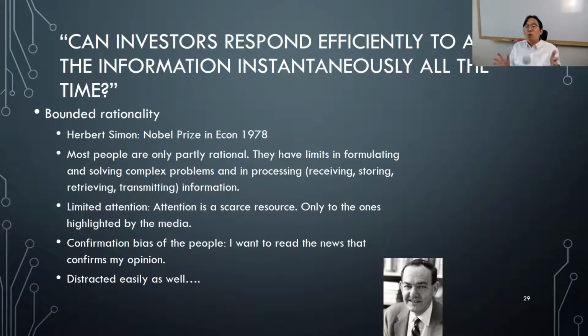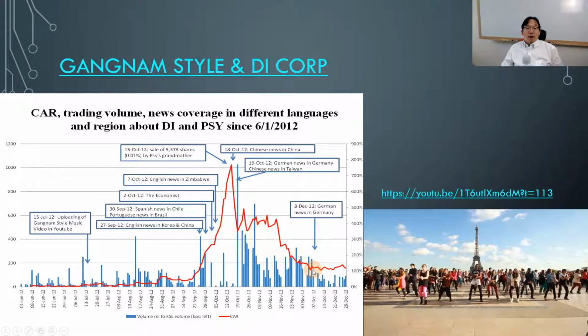So we see overreaction for a small group of companies that receive media attention, and then delayed response for the companies in the dark, right? That's what we can infer from the bounded rationality theory by Nobel Prize laureate Herbert Simon, right? Now, what's the typical case study about this media-driven attention? Well, what is this?